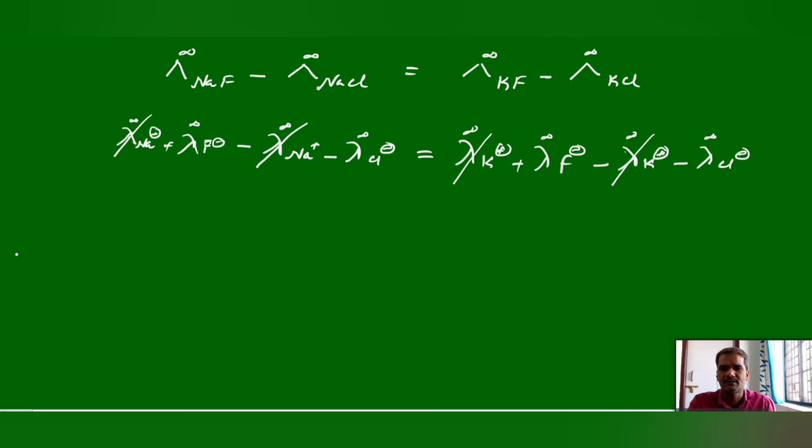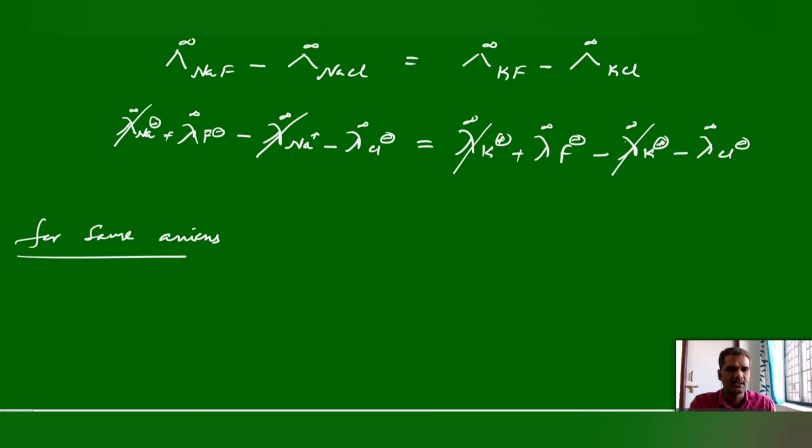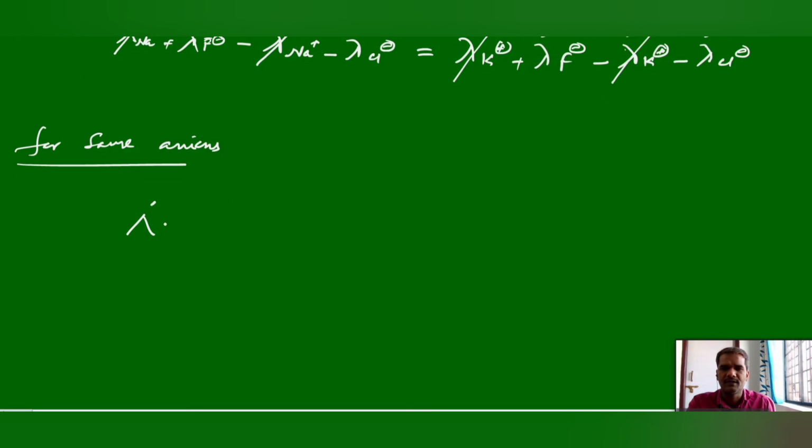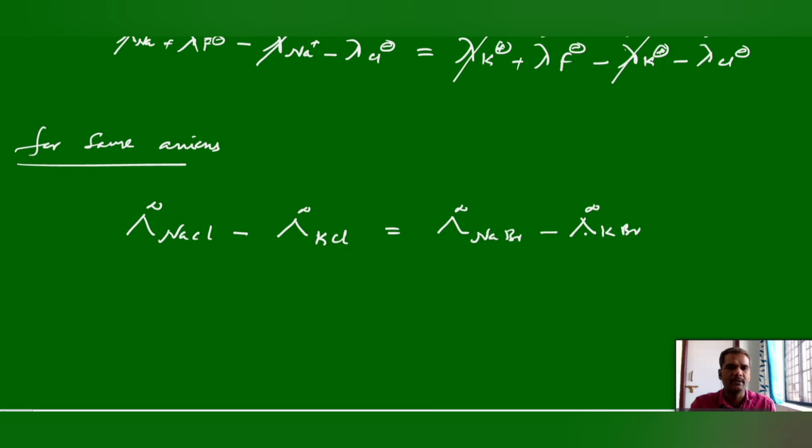Similarly for the same anions, we can write like this according to Kohlrausch law. At infinite dilution, sodium chloride minus potassium chloride is equal to sodium bromide minus potassium bromide at infinite dilution. Here the anion is the same, chloride and bromide, it doesn't matter.